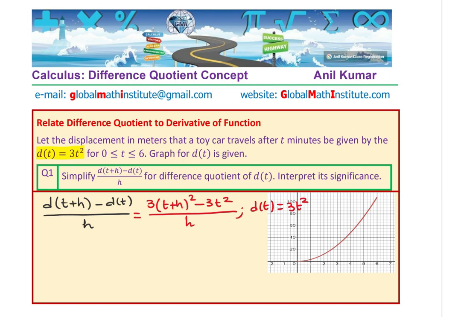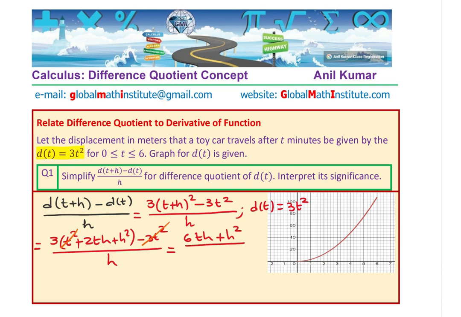Perfect. So this can be written as, let us expand this, 3 times t squared plus 2th plus h squared, minus 3t squared, over h, right? You will notice that 3t squared and 3t squared cancel, and we can now simplify the expression as, opening the bracket, 3 times 2 is 6t, plus h squared over h.